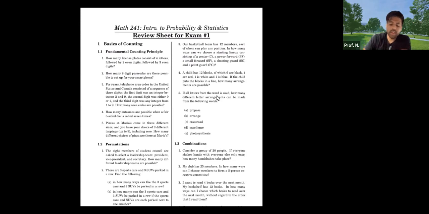So is there anything on here, for those of you who can see it, that you have a really burning desire to try? You want to go with the fundamental counting principle first, so we can do that.